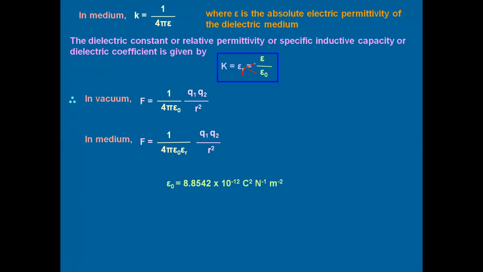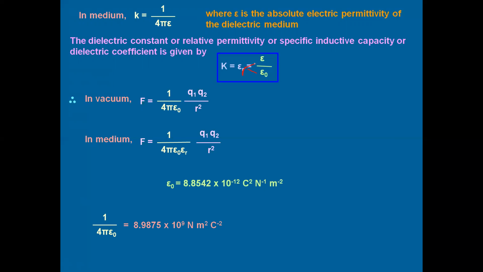Epsilon 0 value is 8.8542 into 10 raised to minus 12. Its unit will be Coulomb square per Newton per meter square. And the value of 1 by 4 pi epsilon 0 is equal to 8.9875 into 10 raised to 9.